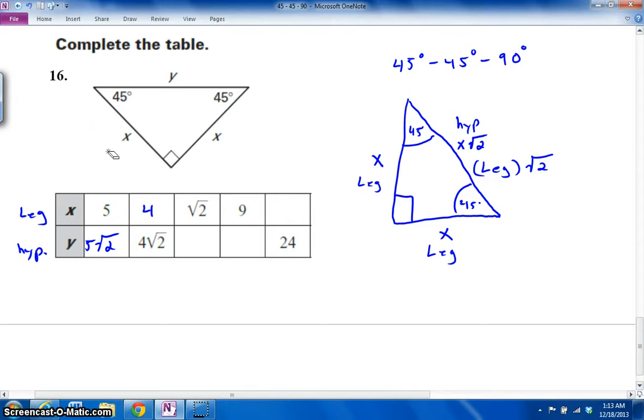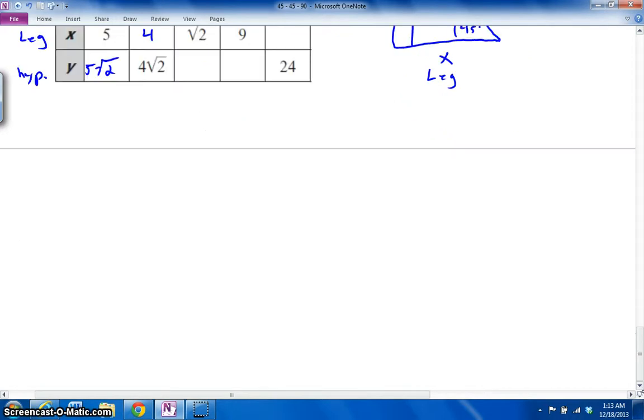Going on to the next problem. Each leg is square root 2 in length. Alright, so again, the rule for the hypotenuse is x square root of 2. Now, just like we did with the 5, we're going to take the square root of 2 and substitute it into that x.